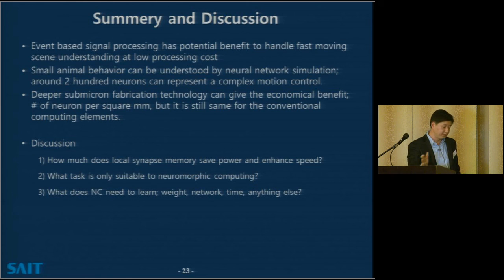The difference from existing technology is that we access local memory, but in conventional technology, we get the information from the memory bank, so you have to access it many times to calculate something. Can that be a benefit of the neuromorphic approach? That's my first question. And what task is only suitable for neuromorphic computing?